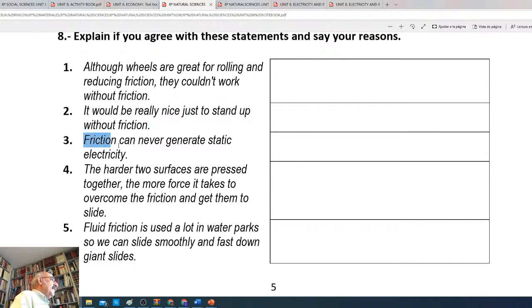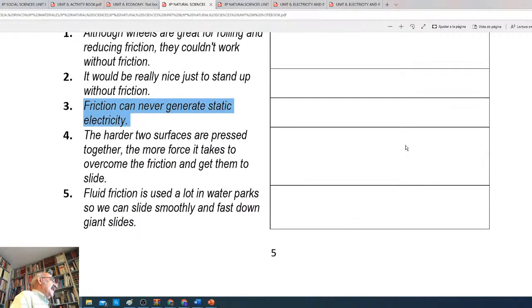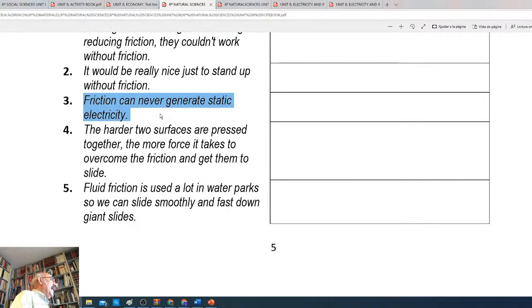Number 3. What about this sentence? Friction can never generate static electricity. You remember when we studied static electricity, lightning, the Benjamin Franklin experiment. Do you agree with that? Guille says, I don't agree, I think.